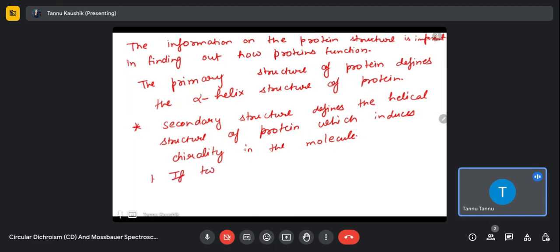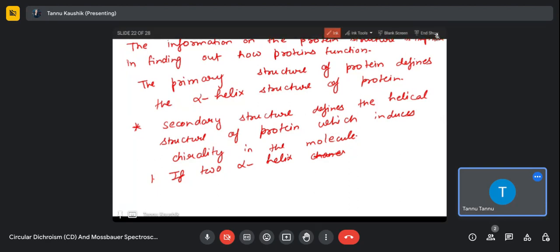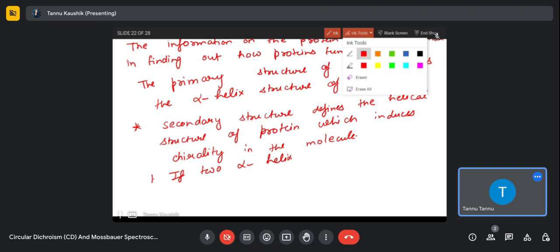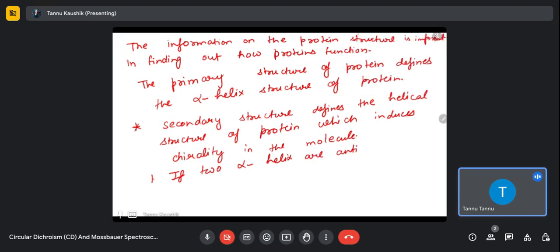If two alpha helix chains are anti-parallel to each other, these alpha helix chains form bonds with each other to form beta sheets, in which they are associated in an anti-parallel and parallel manner with respect to each other.